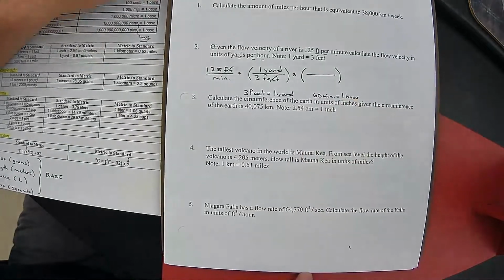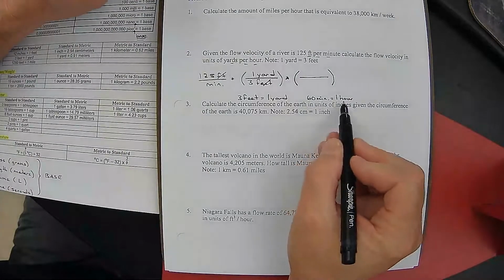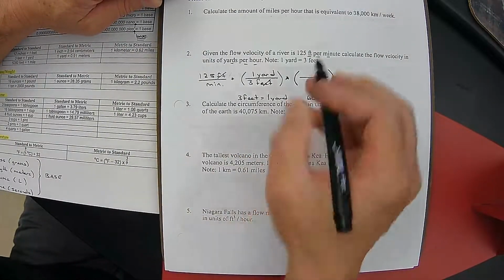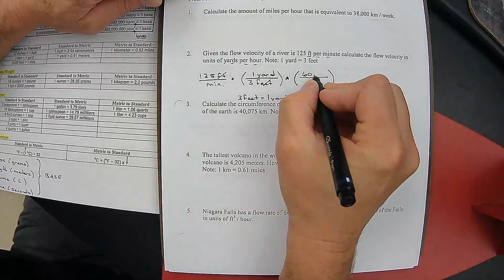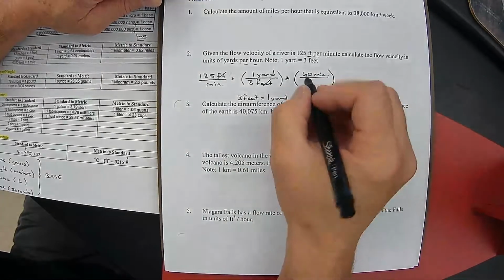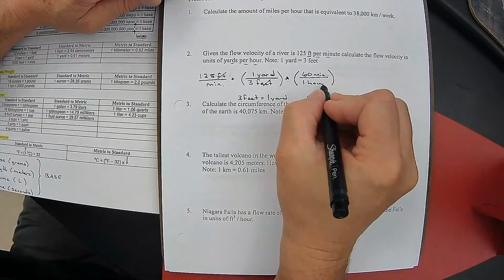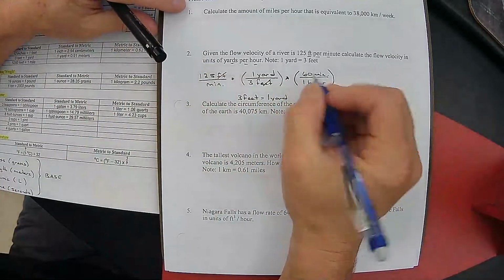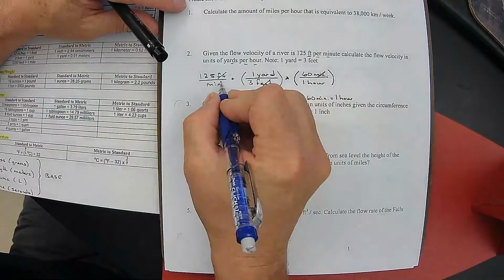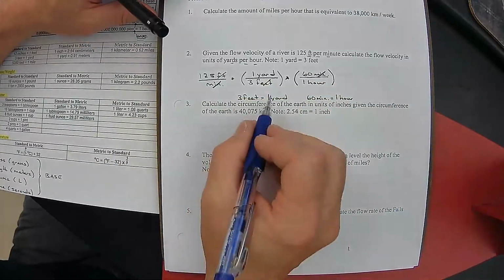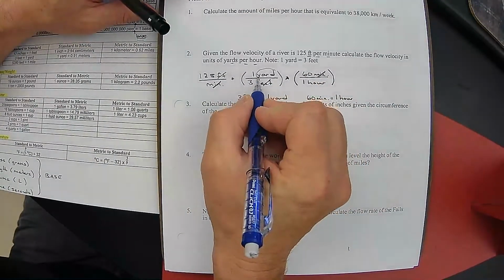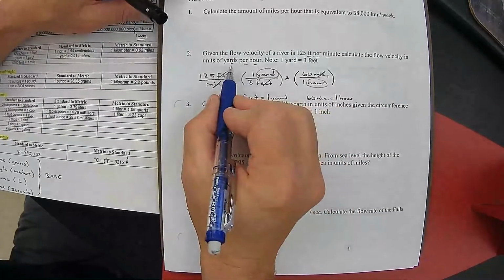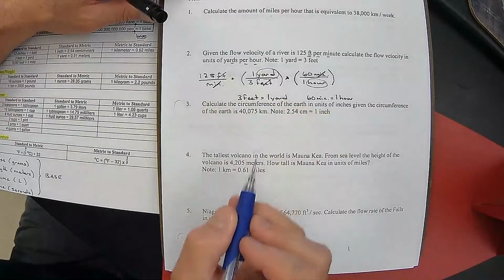Now I need to figure out how to place this conversion factor in here. Since the minutes are on the bottom, I've got to put the 60 minutes on the top so that the units will cancel out. So the minutes cross out with the minutes. Now the units that I have left are yards on the top, hour on the bottom. That's what I'm looking for, yards per hour.